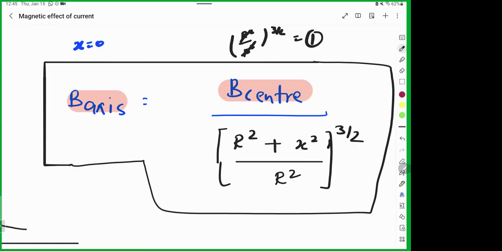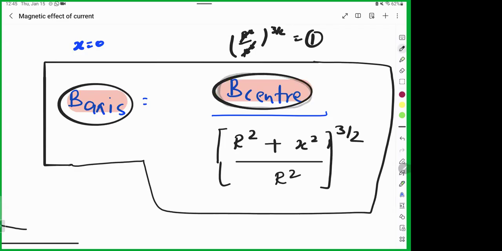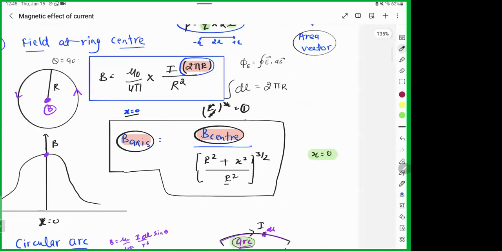So can we say that the magnetic field at axis will be equal to the magnetic field at the center if x value is 0. But if you take any other place, then this is the thing. How can we get this?